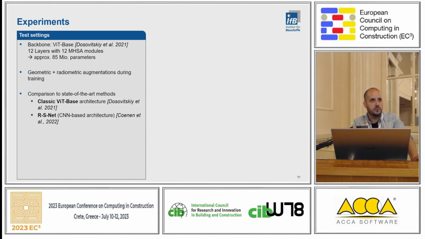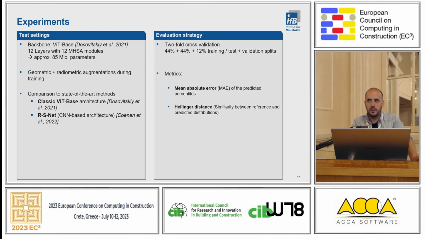For test settings, we used the standard vision transformers in the original paper as backbone architecture. For training, we used geometrical and radiometric augmentations during training, and we compare our results to the state-of-the-art methods as the standard vision transformer architecture and also a CNN based architecture.